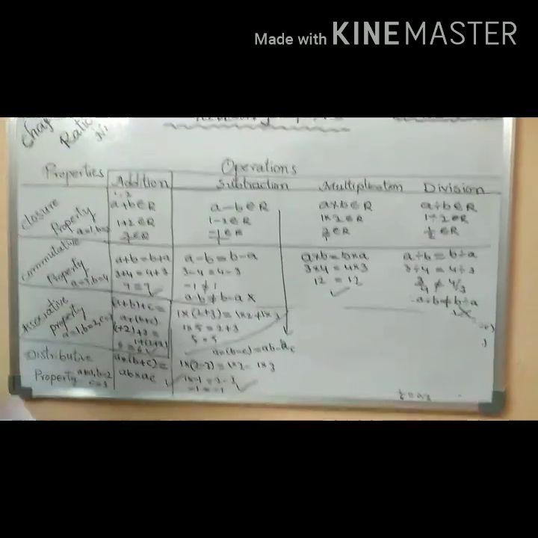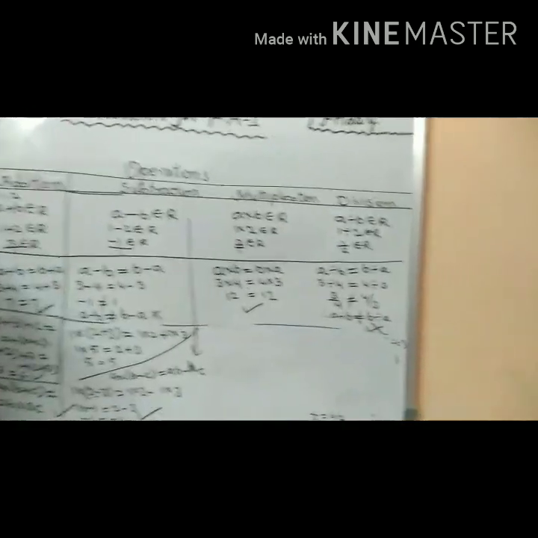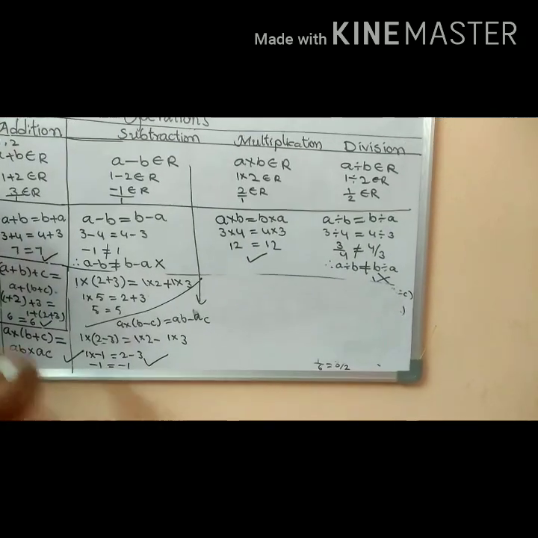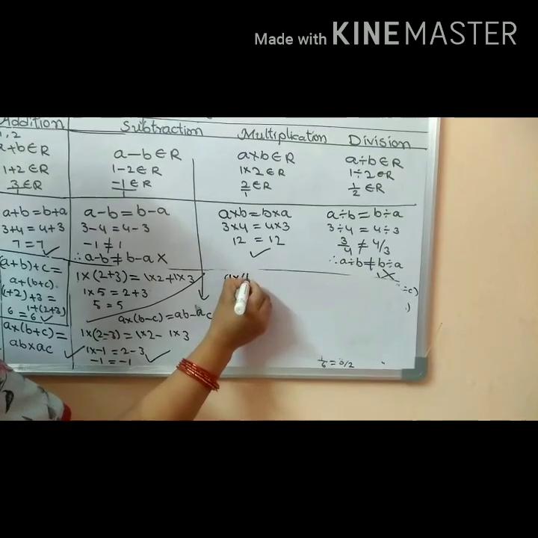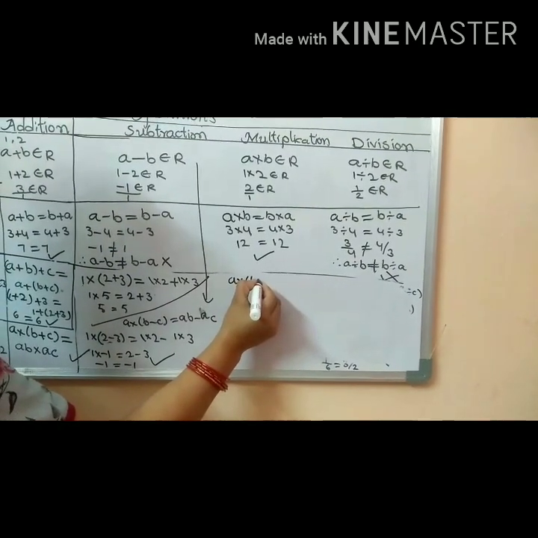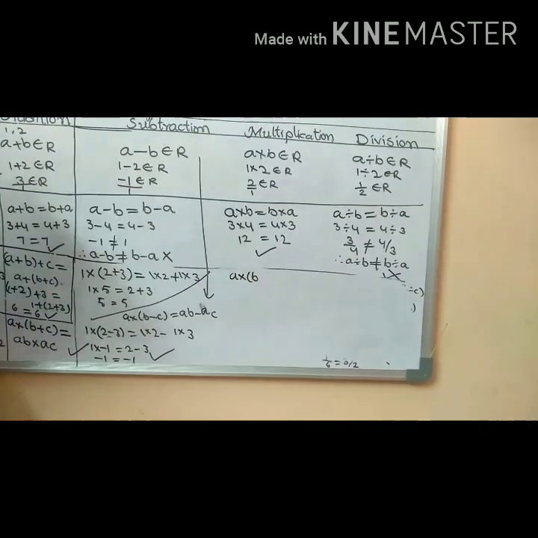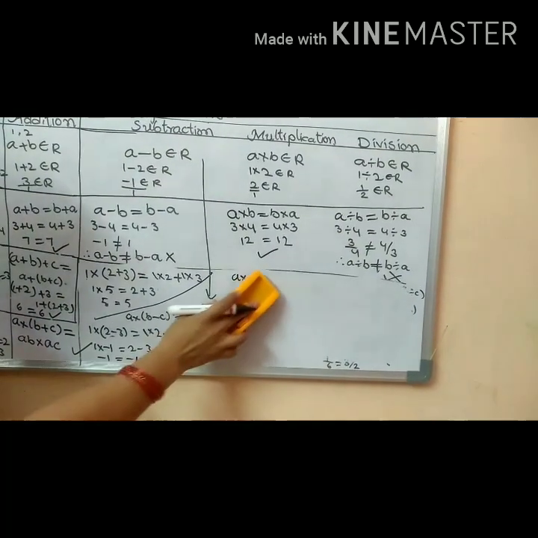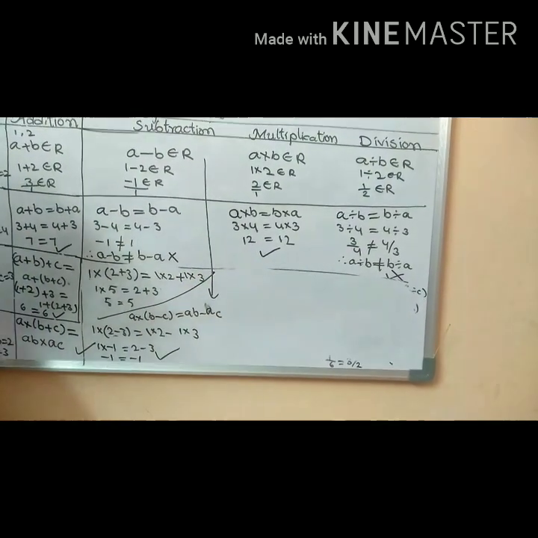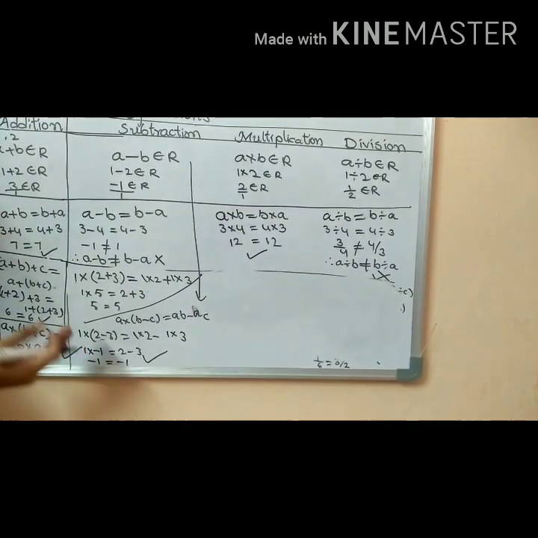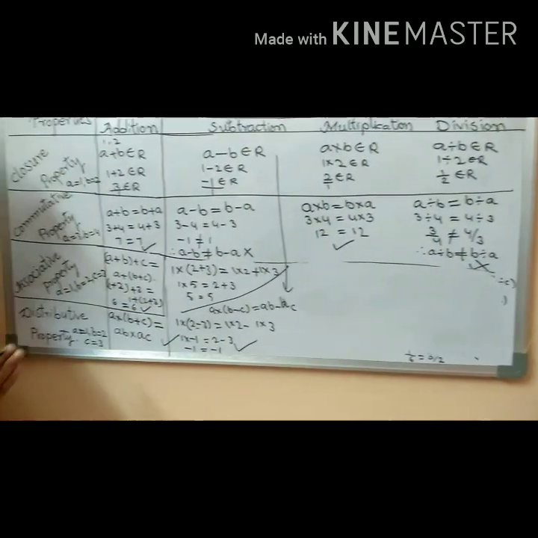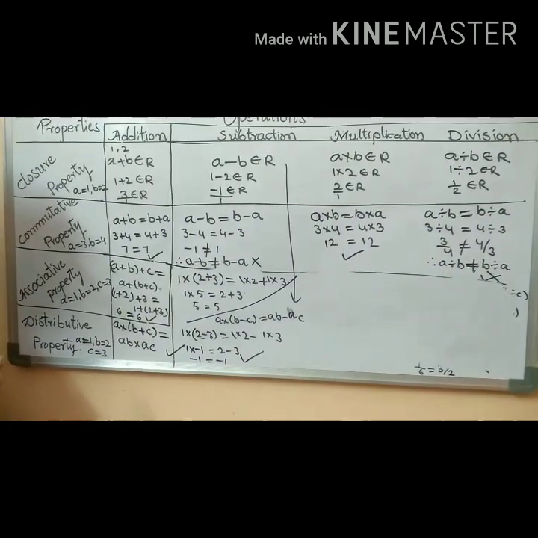Next one is multiplication. Observe that the distributive law was mentioned only for subtraction and addition only.